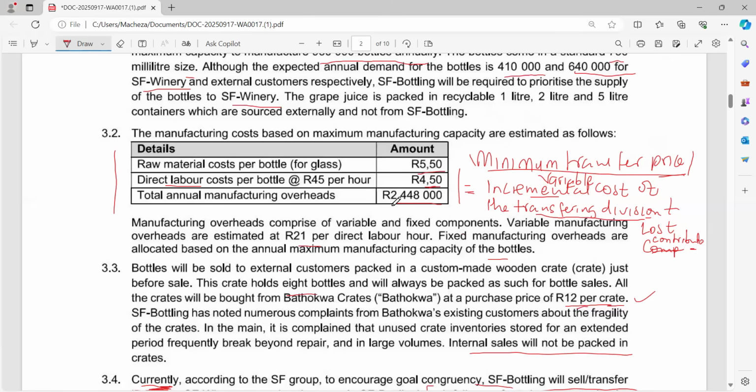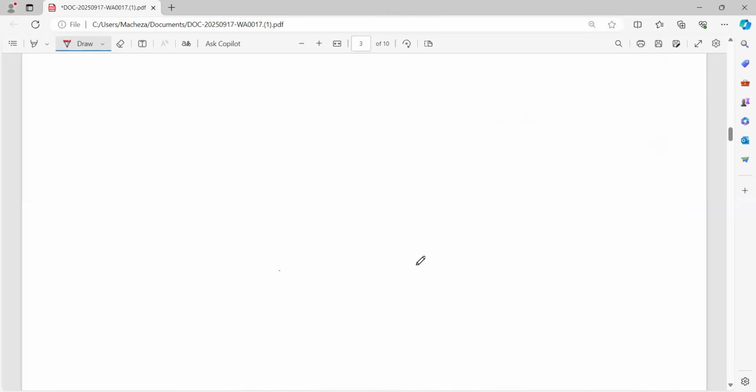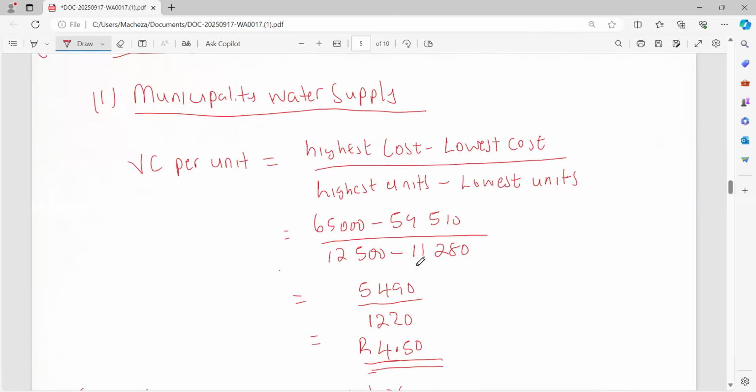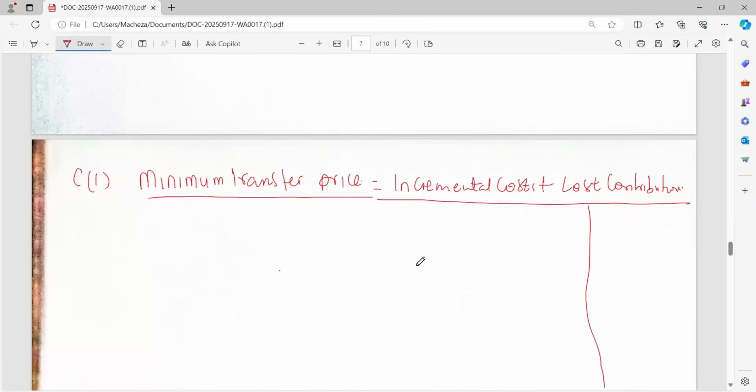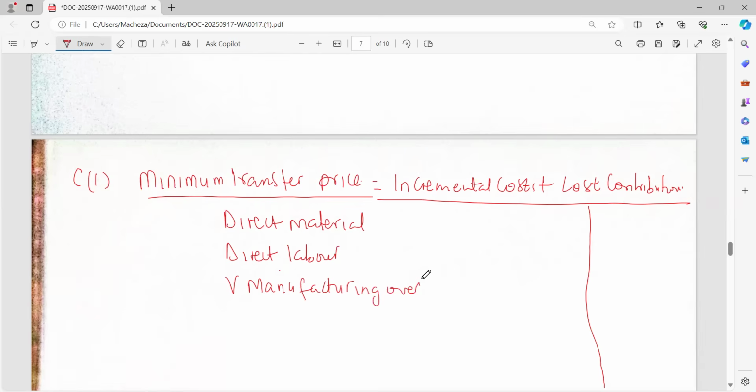So let's take those two that we have first: direct material R5.50 and direct labor R4.50.